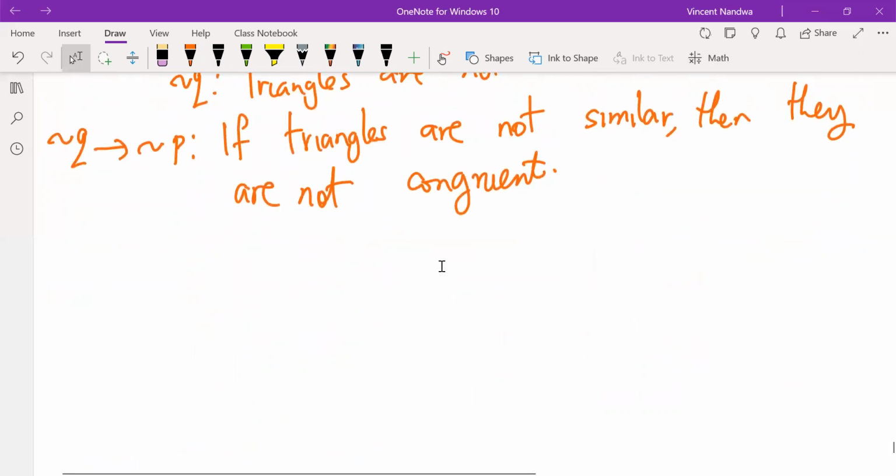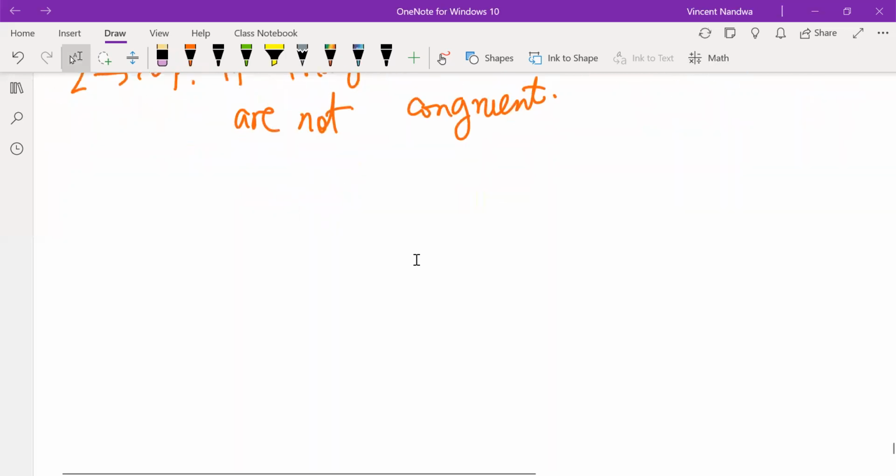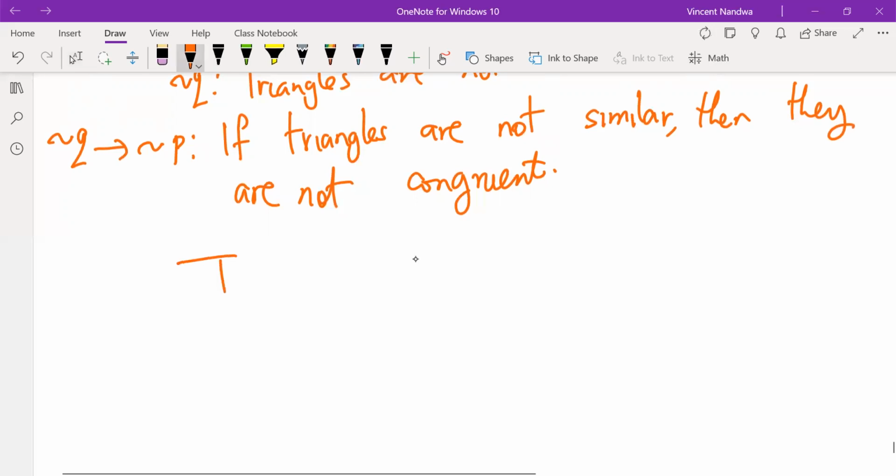And then we can always draw a truth table for implication and contrapositive.